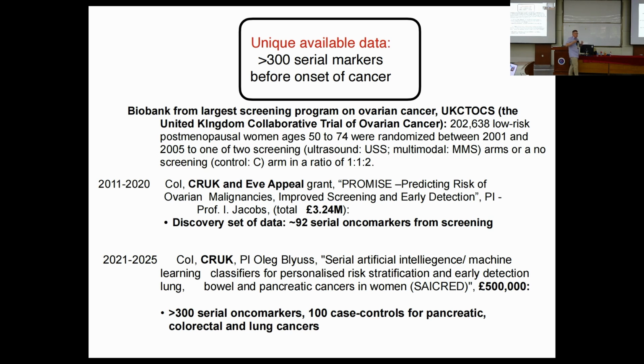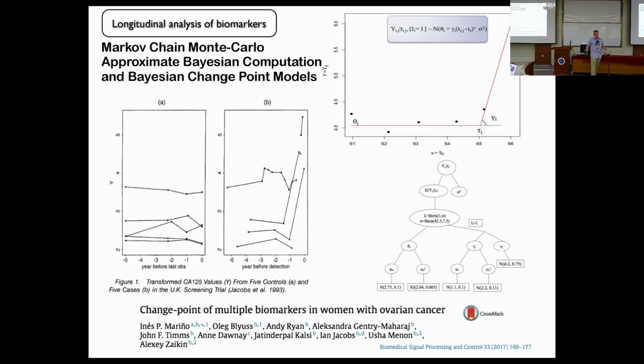What is important is that we have these biomarkers before the onset of cancer, and we have longitudinal biomarkers because these women were screened annually. And then we have tried, of course, very different techniques. Originally, the screening program was based on Bayesian change point models coupled with approximate Bayesian computation using the Markov chain Monte Carlo technique.